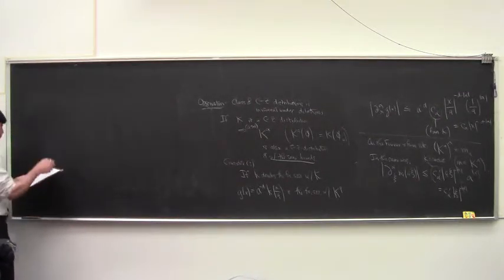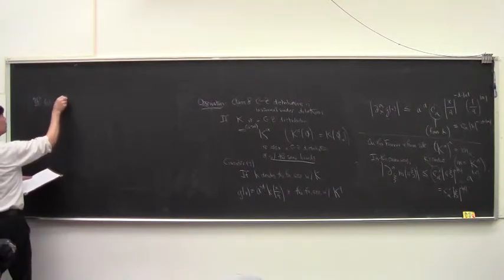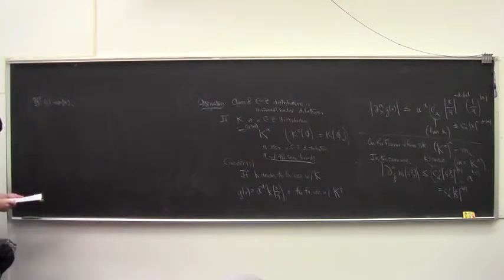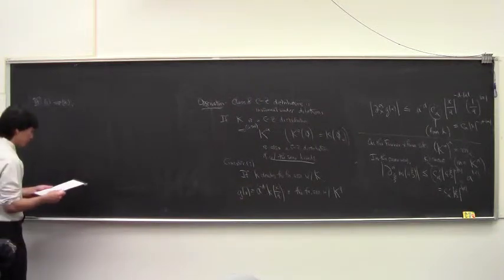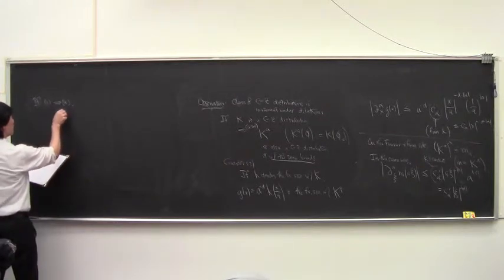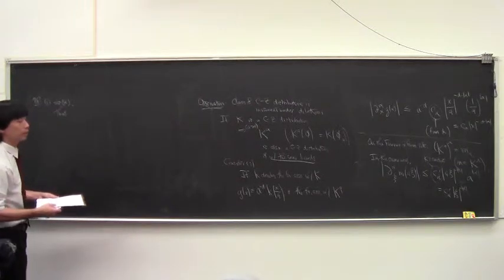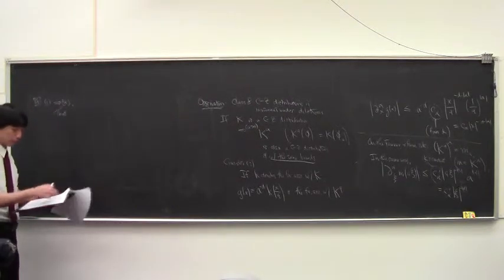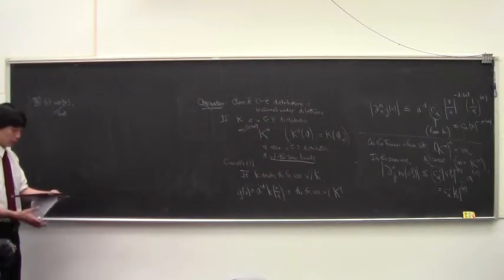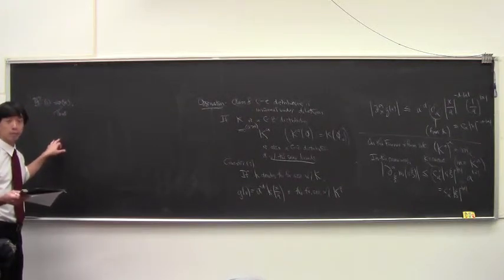So let's do the proof for the first one. You want to show that if K is a Calderon-Zygmund distribution, then K is a tempered distribution, and its Fourier transform is C infinity and satisfies some differential inequalities.